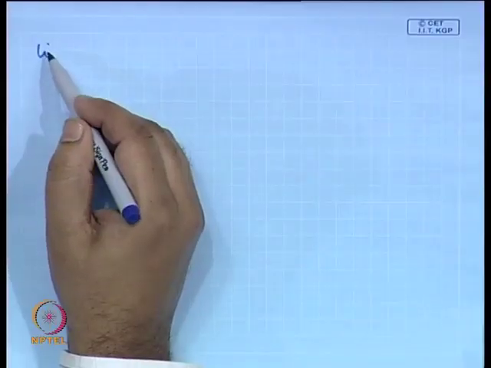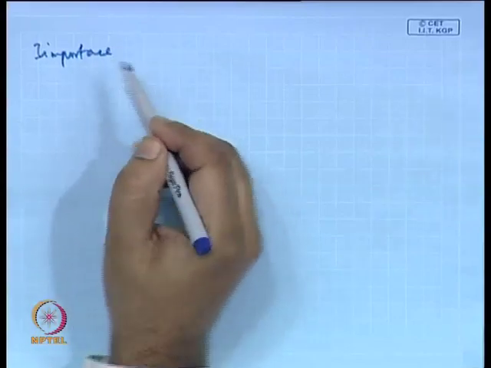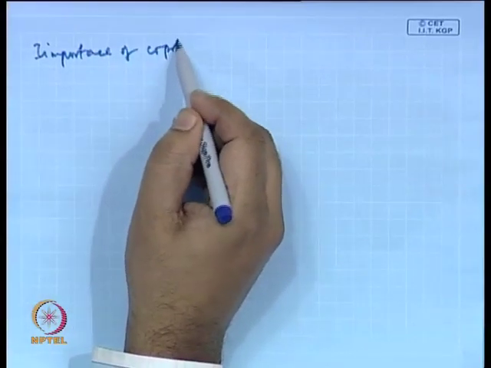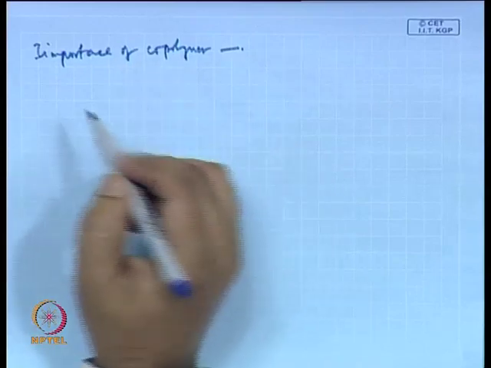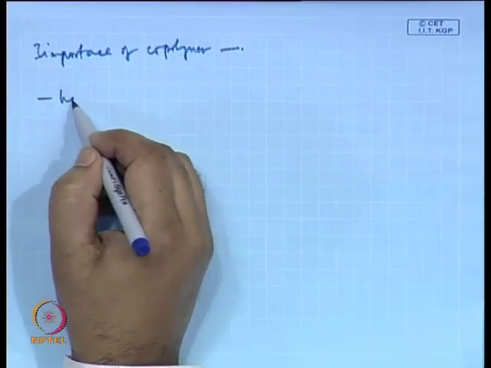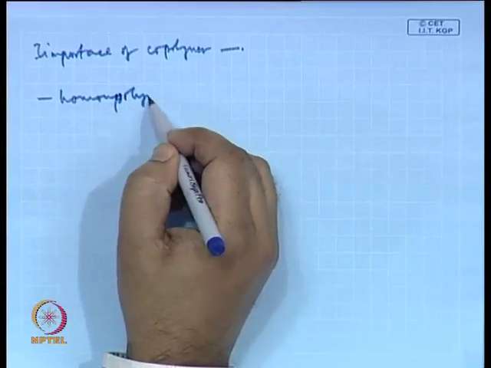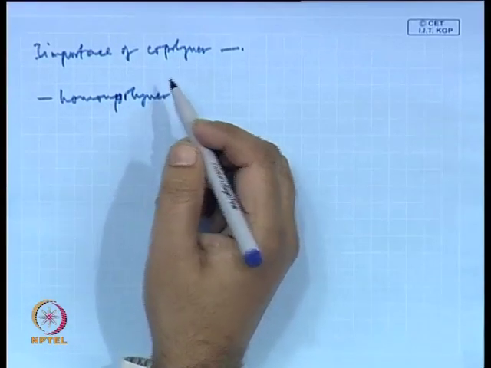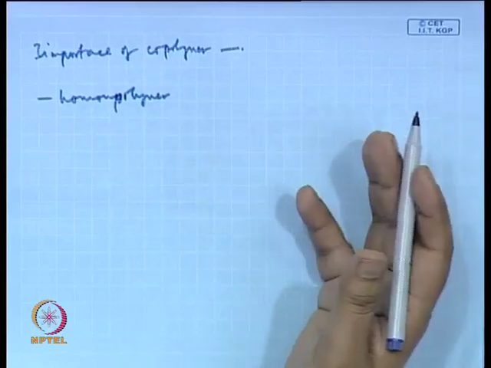Now, why do you need copolymer? What is the utility, the importance? With the homopolymer, we talked about examples like polystyrene, polymethyl methacrylate, polyvinyl acetate and all these things.